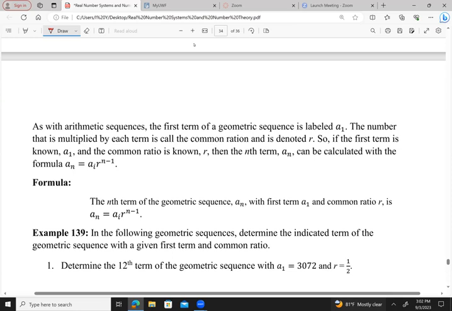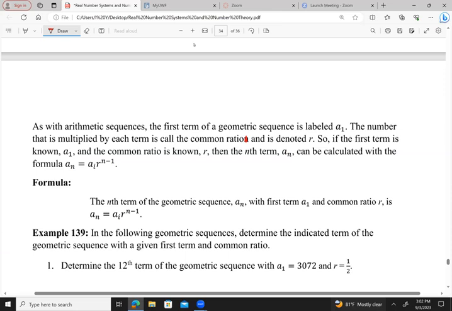So, as with arithmetic sequences, the first term of a geometric sequence is labeled a sub 1. The number that is multiplied by each term is called the common ratio and is the r.